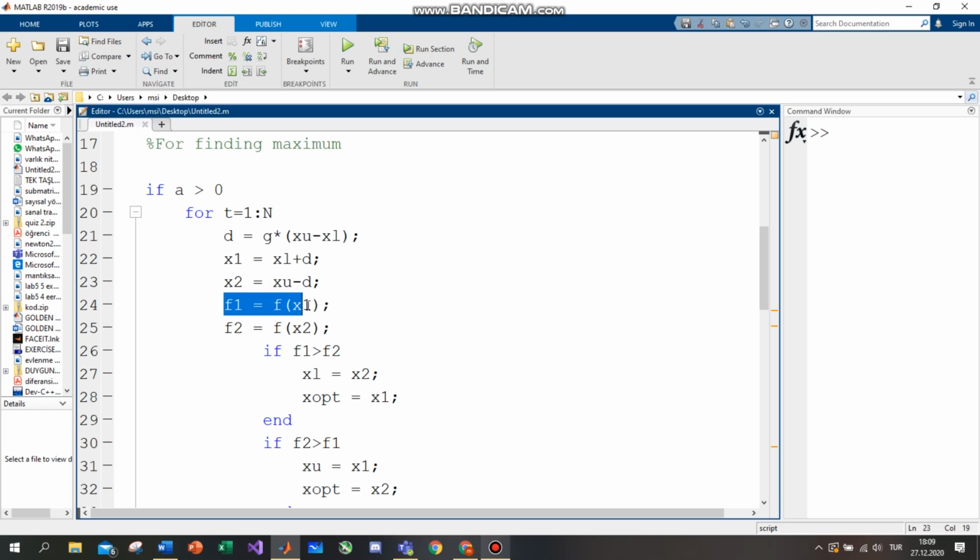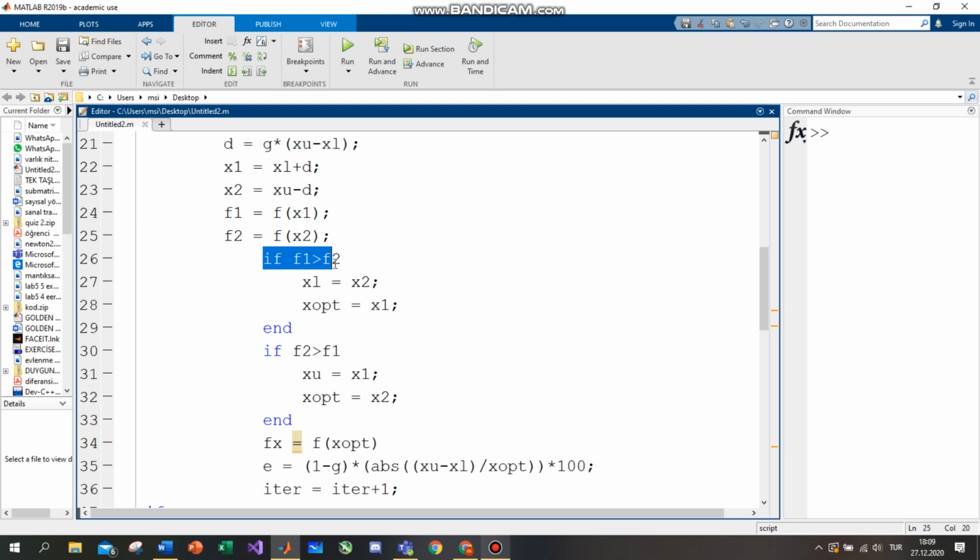x2 equals x2 minus t, which means changing the upper x value. f1 equals f(x1), the function value for x2. This is the formula of the golden section method, and the function value for x1.